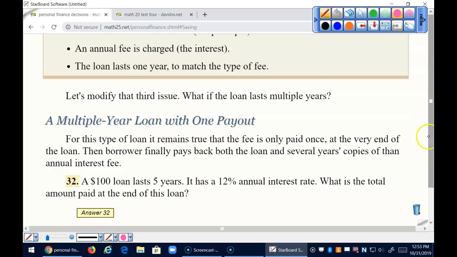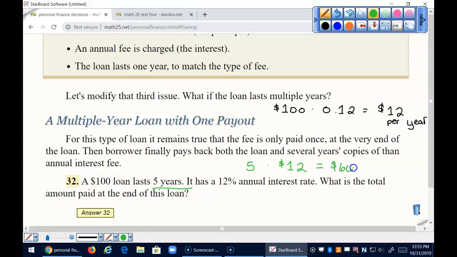So we're going back to our earlier case. We still have the 100 times the 0.12 is $12, just like before. That's per year. But now we have 5 years. So we need 5 times the $12 is $60.